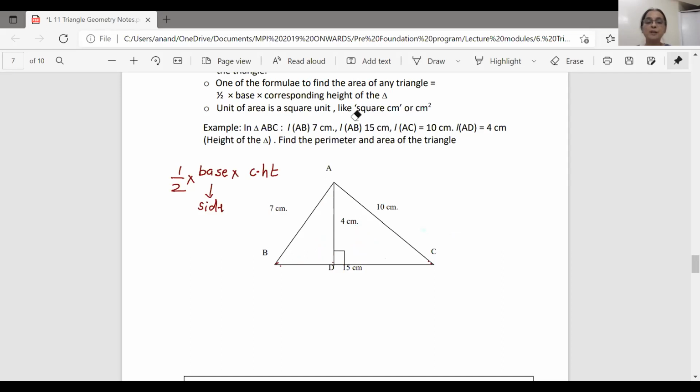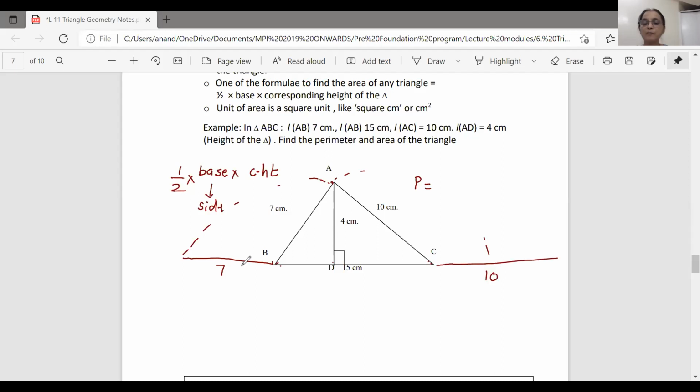So now suppose this is my triangle ABC. What will be the perimeter of this triangle? Suppose I cut this triangle at point A and I bring this side like this on a scale. This will go 7 centimeters here, no? And I bring this side on the scale like this. I've cut the triangle. This will go 10 centimeters.